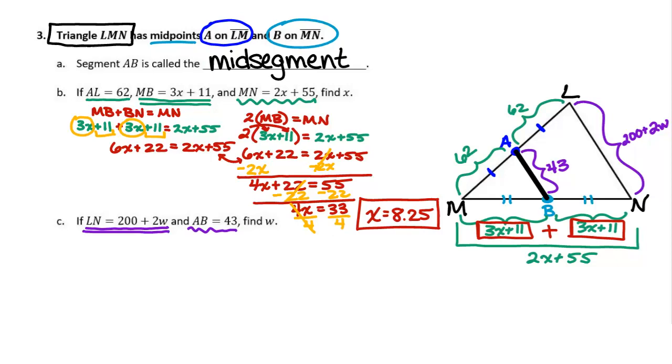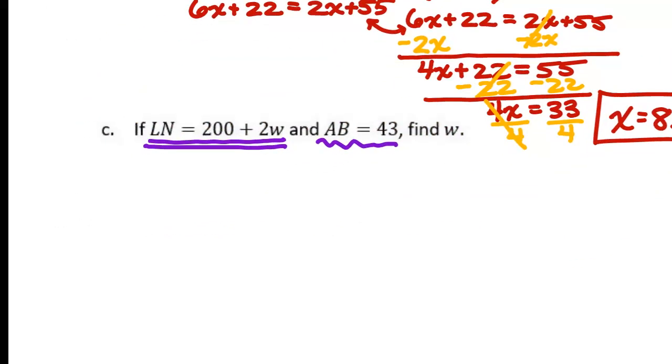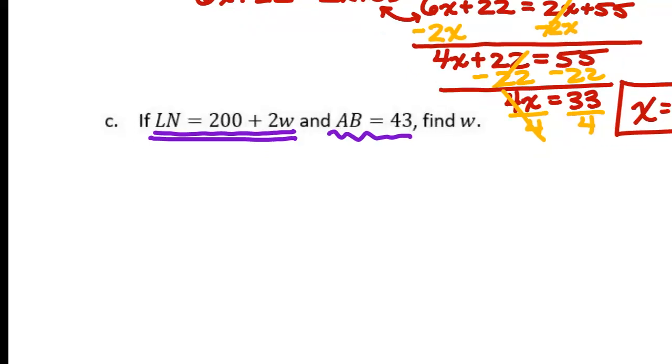The midsegment. And yesterday we learned two properties about midsegments of triangles. What's the relationship between the midsegment and the third side? So between AB and LN, what kind of relationship exists there? AB is half of LN.